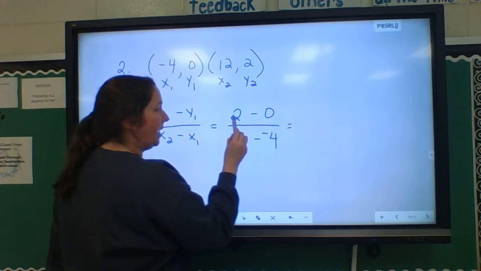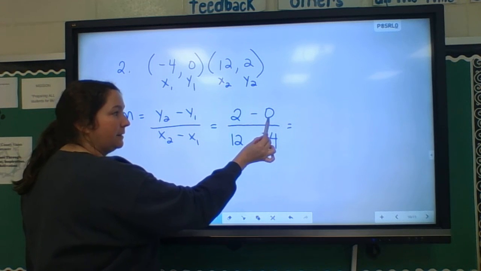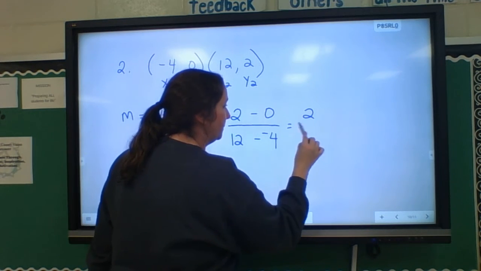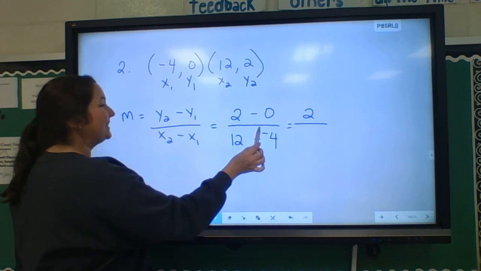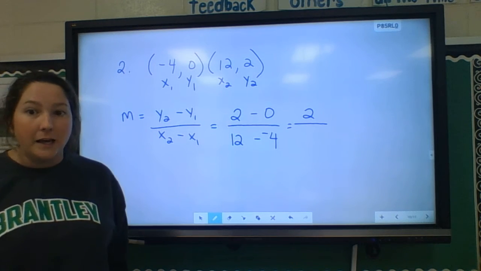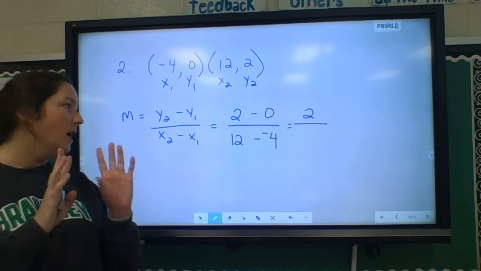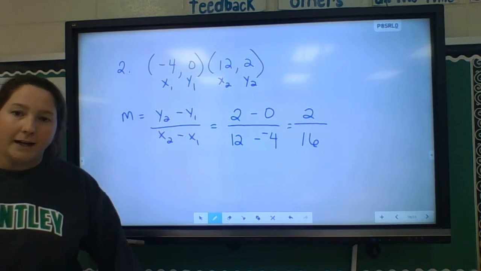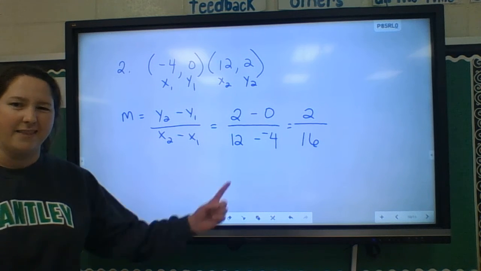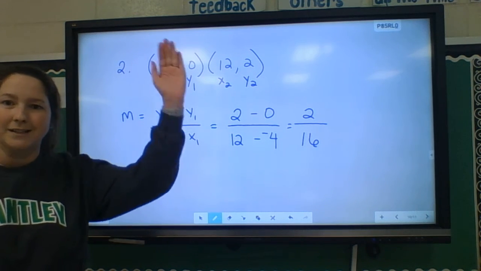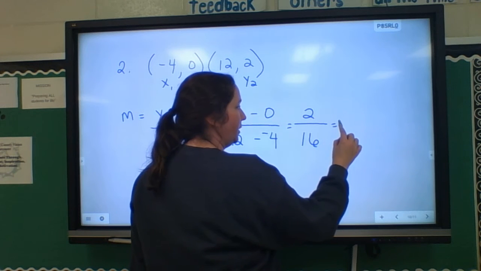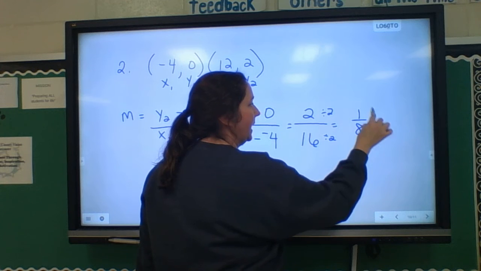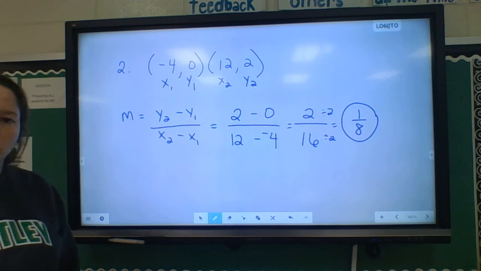Okay, so third step, simplify. 2 minus 0 is 2. 12 minus negative 4, the minus negative kind of cancels each other out, turns to a plus. So 12 plus 4 is 16. Can that be reduced? Yes, they're both even. So we're going to reduce. Divide by 2. 1/8. And that is our answer.